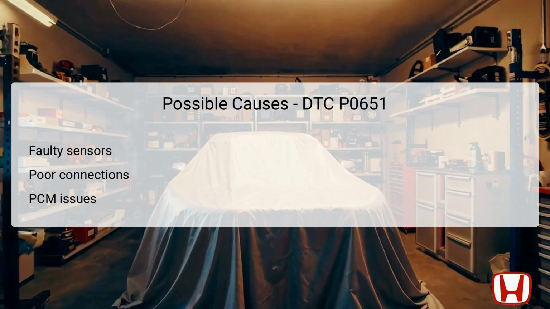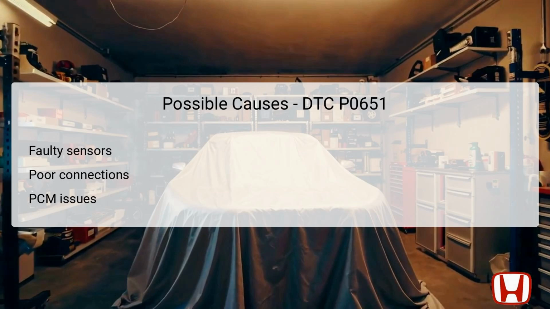In troubleshooting DTC P0651, several possible causes arise. Firstly, a faulty sensor could directly affect the reference voltage supplied, leading to discrepancies in performance. Secondly, poor connections, particularly at the wiring harness or connectors linked to the sensors, can introduce high resistance or interruptions, impairing signal transmission.